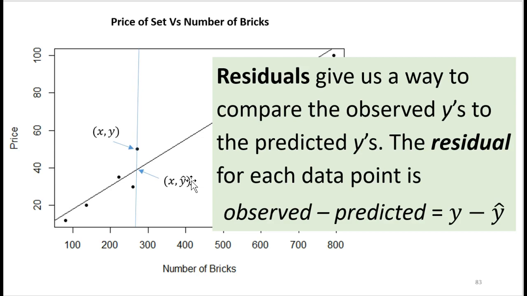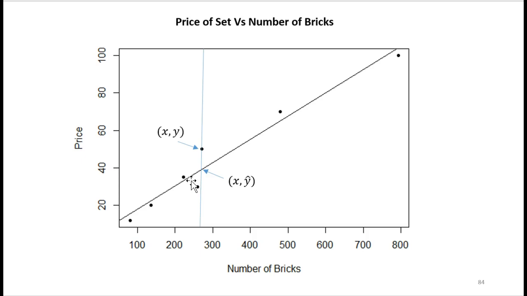Residuals give us a way to compare the observed y's to the predicted y's. The residual for each data point is equal to the observed minus the predicted. We can also say that the residual is the vertical distance from each point to the line. So in this case, the vertical distance here is equal to the residual.